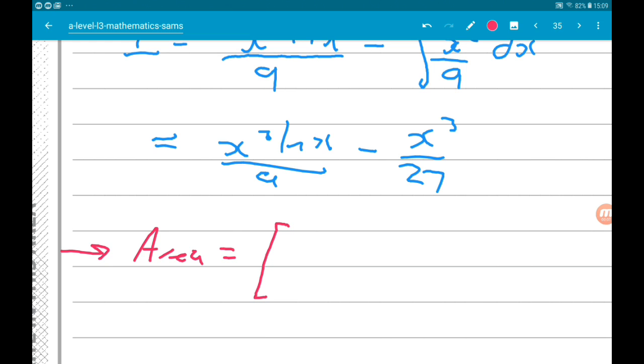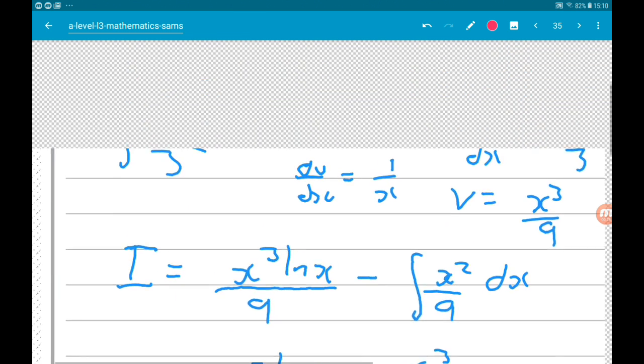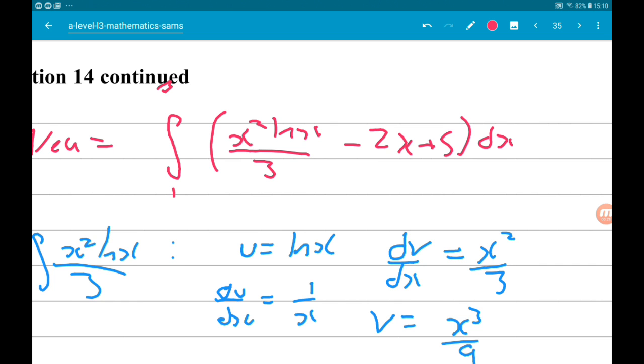So x cubed log x over 9 minus x cubed over 27. And then the integral of minus 2x add 5.